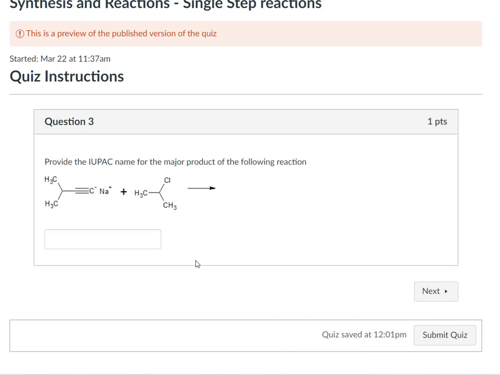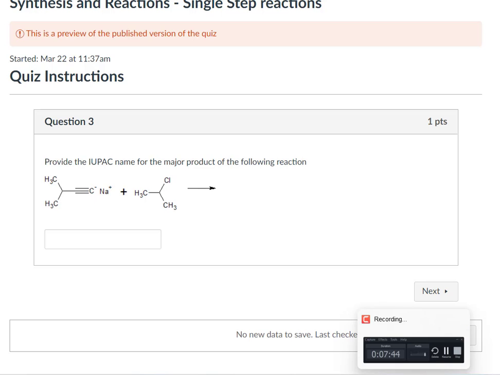So to remind us of our reaction, it's similar to what we saw, but it's not exactly the same. So what's going to happen is this triple bond will remain intact. All the rest of the material will still stay intact, but it's going to form a new bond right here at this carbon. So imagine replacing this chlorine and adding this whole thing over here where the chlorine was. That's what we're going to do.